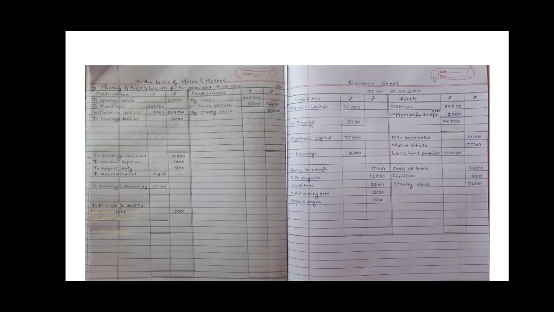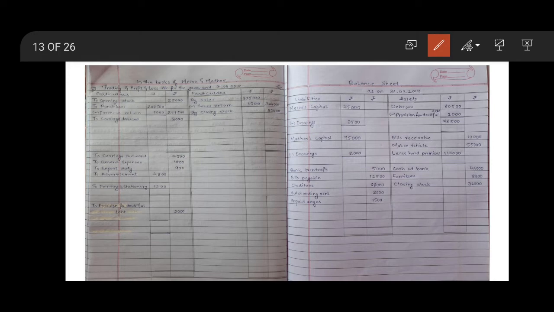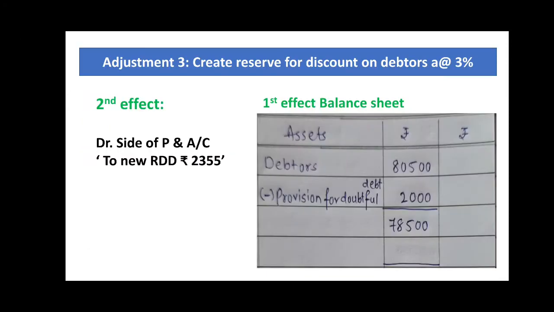Here you can see to provision for doubtful debt 2000, and it is deducted from debtors amount less provision for doubtful debt 2000. You will deduct this 2000 rupees out of 80,500 and get the amount in the inner column only, as we are having one more adjustment on it.